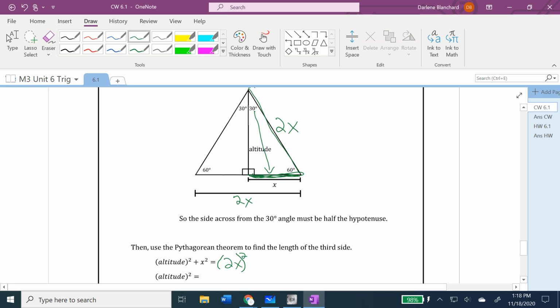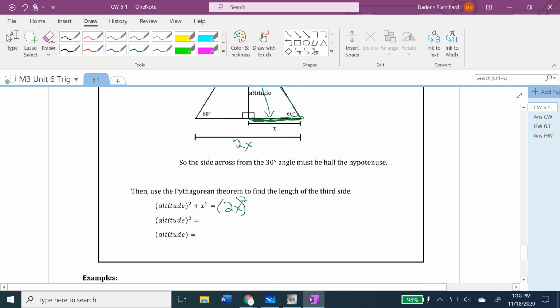And we're going to find the formula for the side opposite 60 degrees. So when I isolate the altitude squared, I need to take my 2x squared and subtract from it x squared.